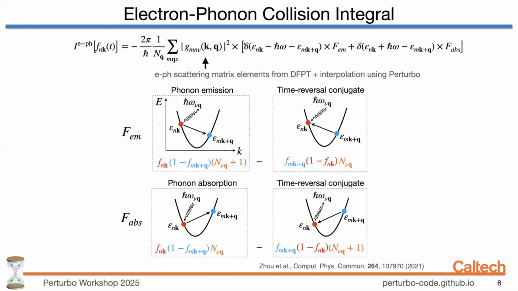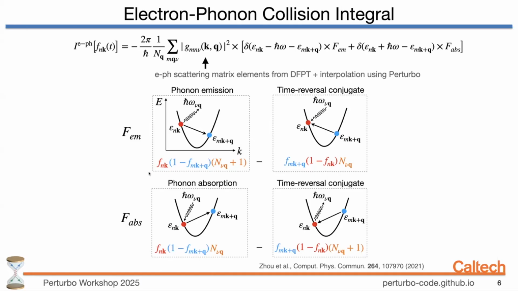And it is multiplied by the product of these two sums, which are the emission term and the absorption term. This emission term has an energy delta function in front of it, as does the absorption term. It basically ensures the energy conservation of these scattering processes that are listed below.